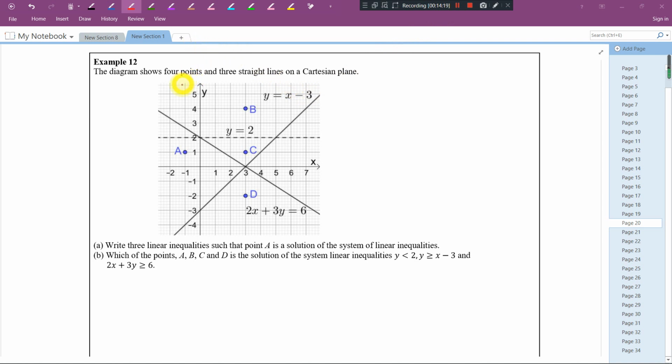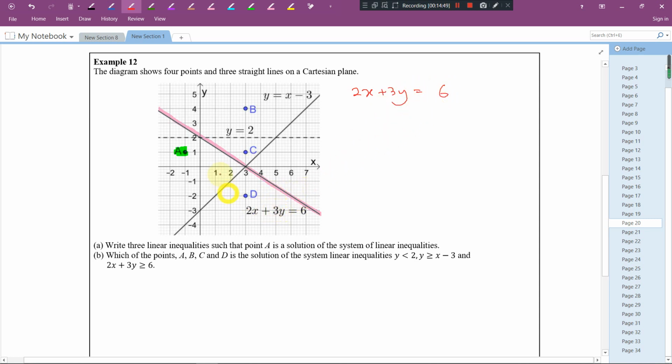Okay, let's look at the next example. Write 3 linear inequalities such that point A is a solution of the system of linear inequality. So let's look at this line first. 2x plus 3y equal to 6.